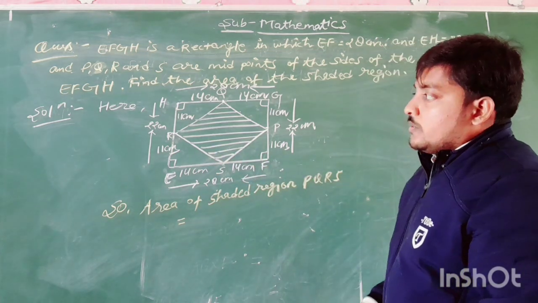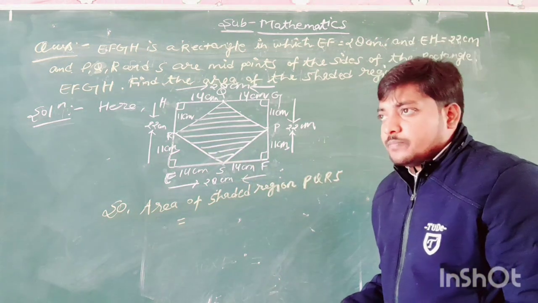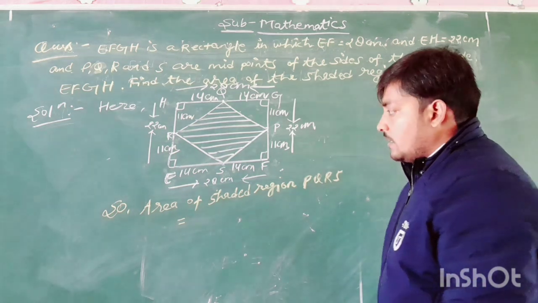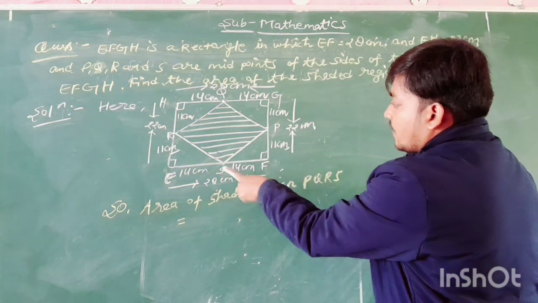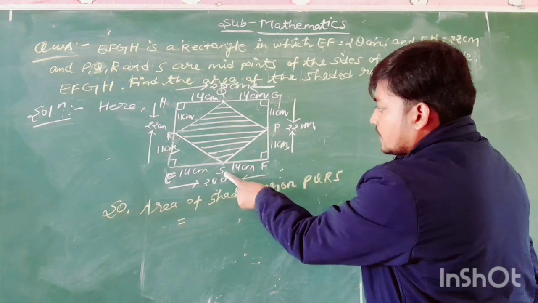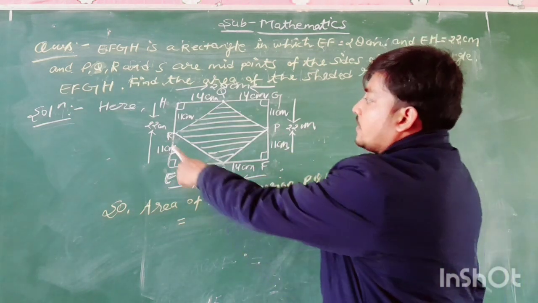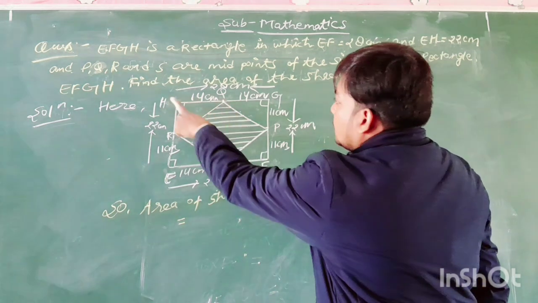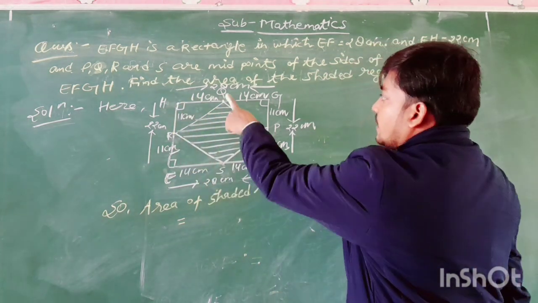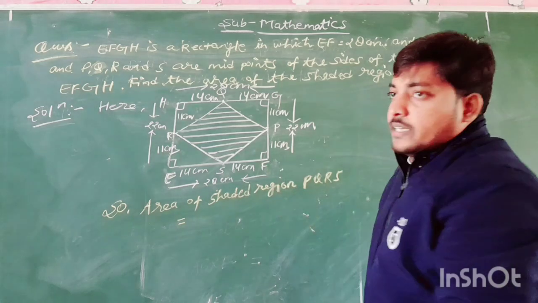When two triangles are congruent, then their areas will be equal. So the area of triangle PFS, triangle RES, triangle QHR and triangle QGP is equal.